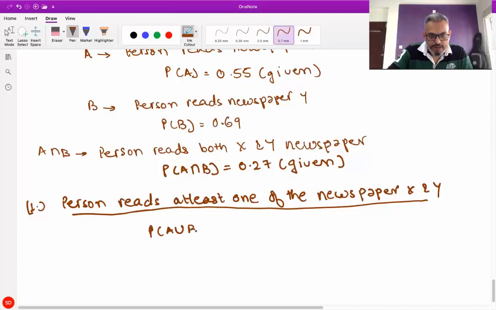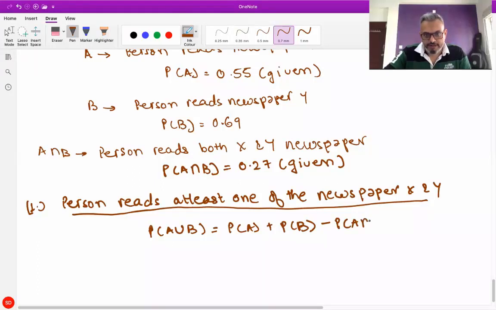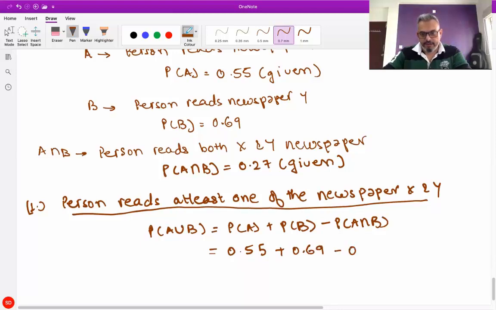So we have to find probability of A union B, which is equal to P of A plus P of B minus P of A intersection B, which is equal to 0.55 plus 0.69 minus 0.27, which is 0.97. So first answer is 0.97.